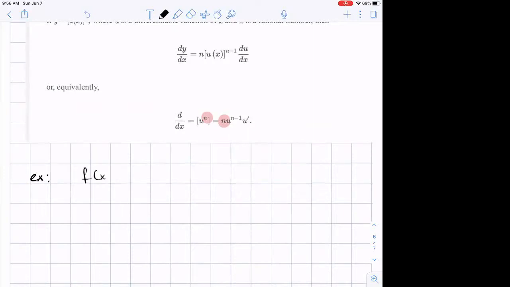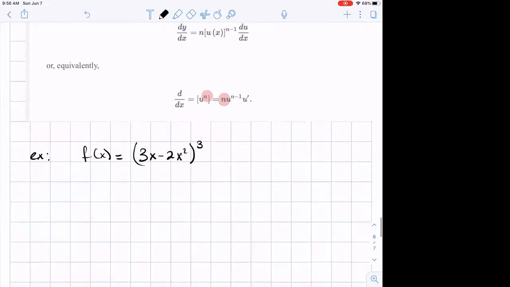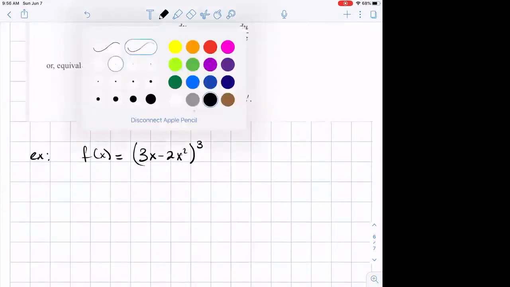f of x is equal to 3x minus 2x squared to the third power. So what is n? Let's try to figure this out.